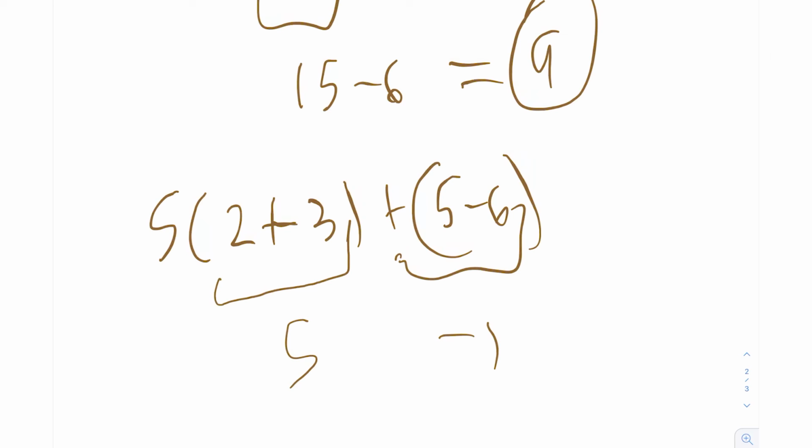Okay, now, as you can see here, there is a multiplication going on, right? Because it's 5 times whatever is inside this parentheses. And also, there is an addition, okay?